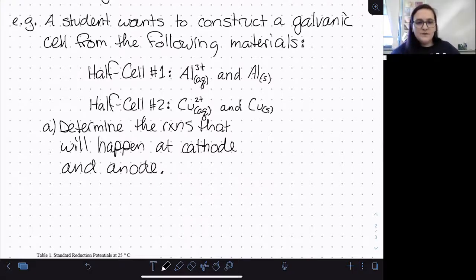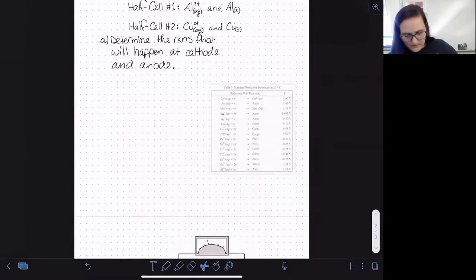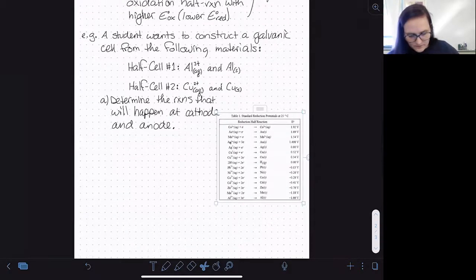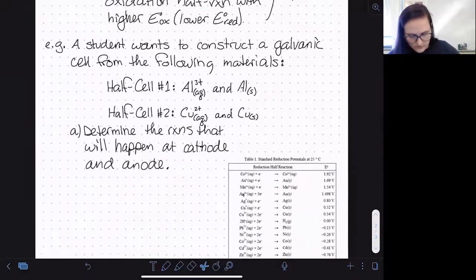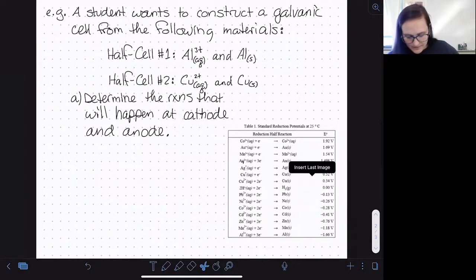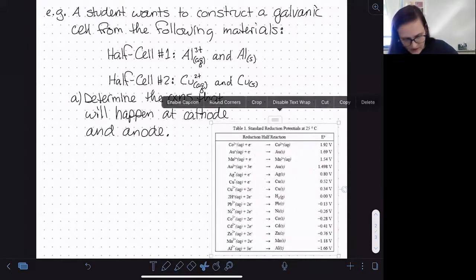So we're going to need a table of standard reduction potentials. Okay, there it is. Sure. So make this a little bigger.